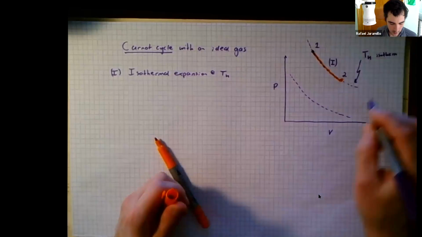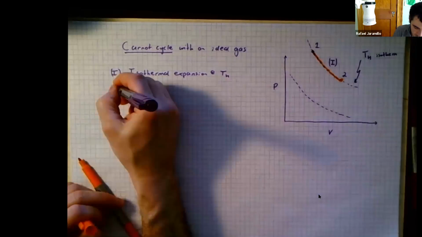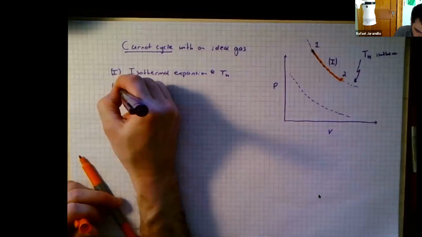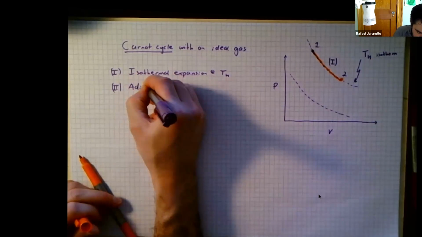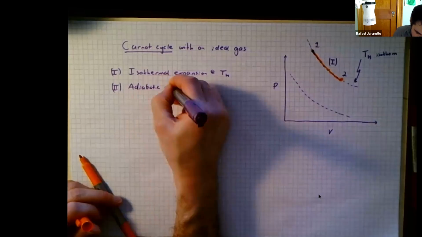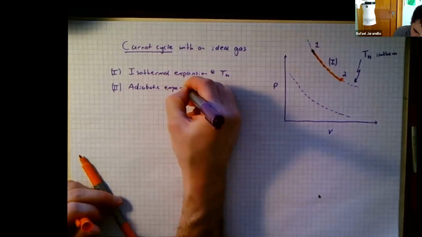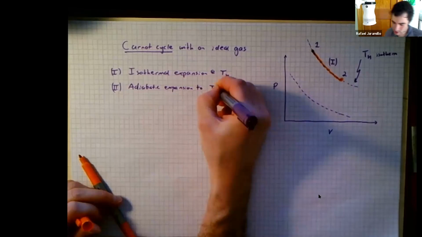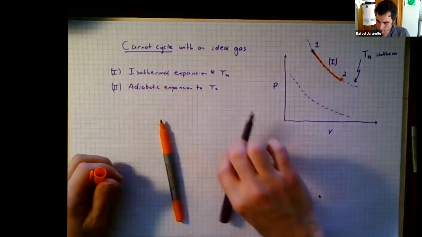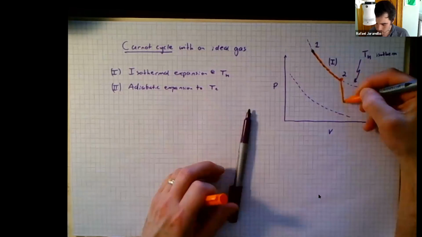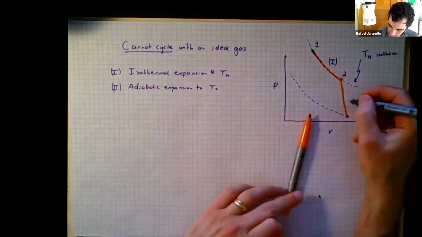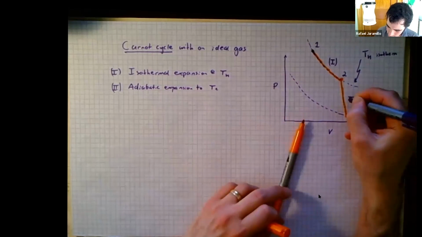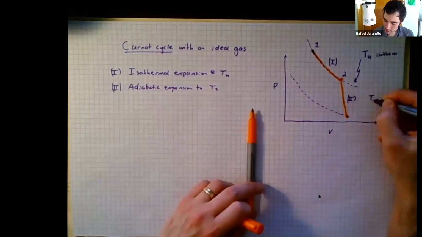Okay. Step 2. Adiabatic expansion to Tc. So now we're going to expand. This is step 2. And this dotted line is a T sub C isotherm.